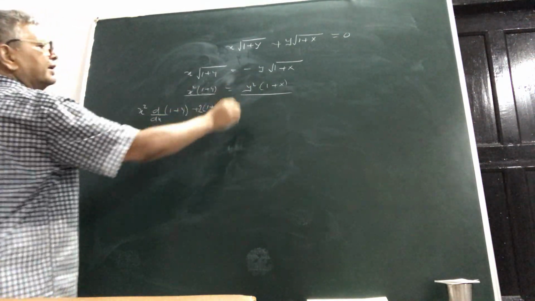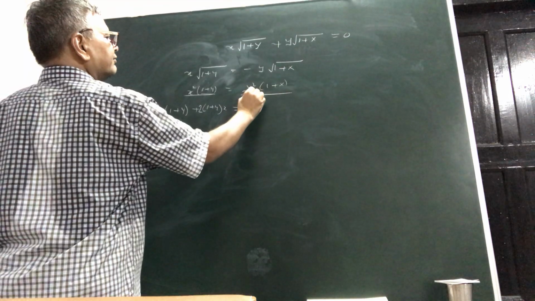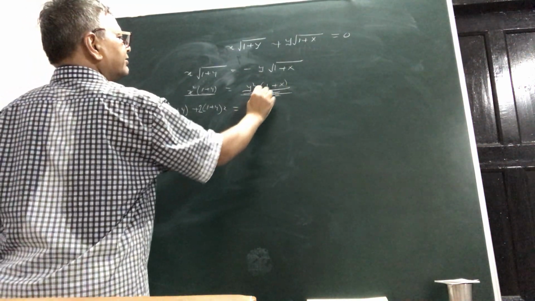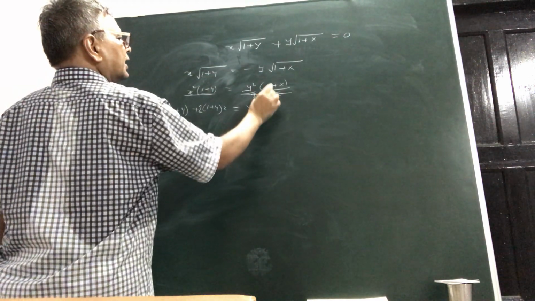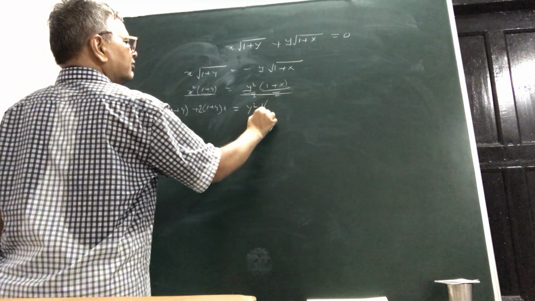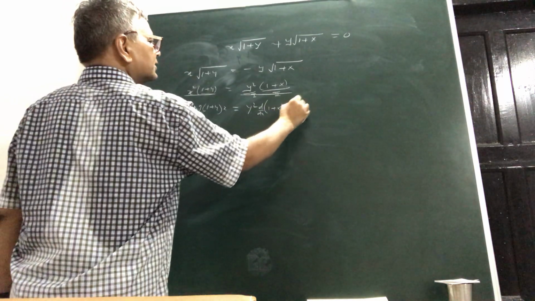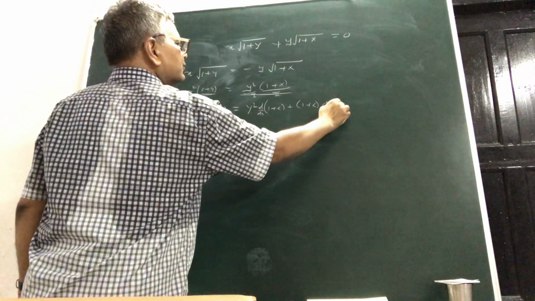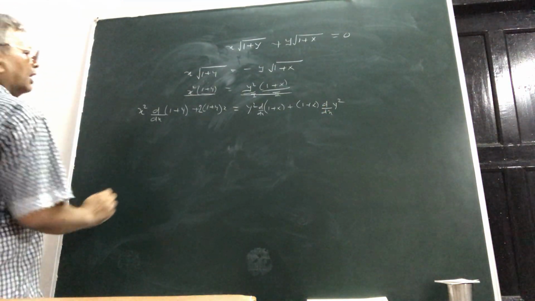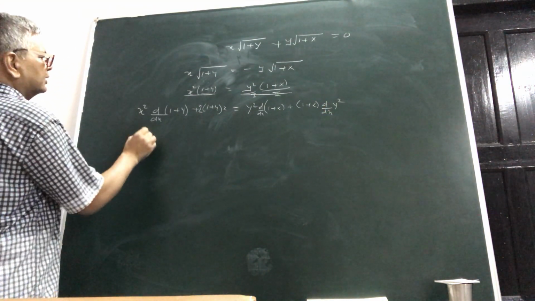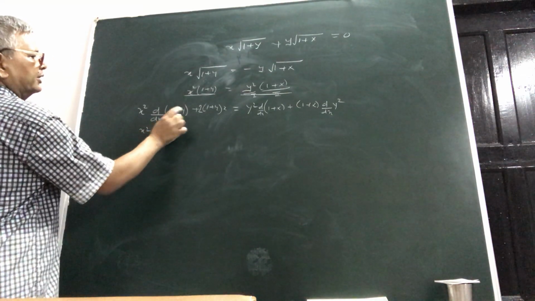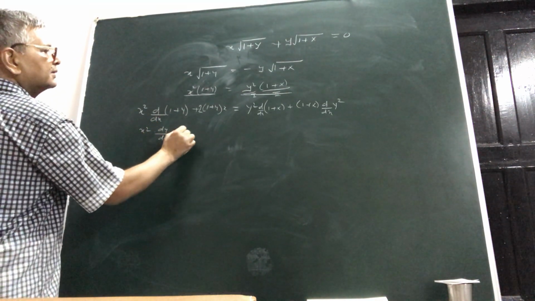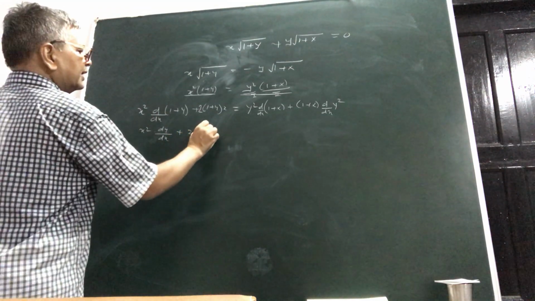Again a product of two functions: first function into derivative of the second, dy by dx of 1 plus x, plus 1 plus x into d by dx of y square. Now please see here: x square into derivative of 1 plus y, which is dy by dx, so it is x square dy by dx plus 2x into 1 plus y.